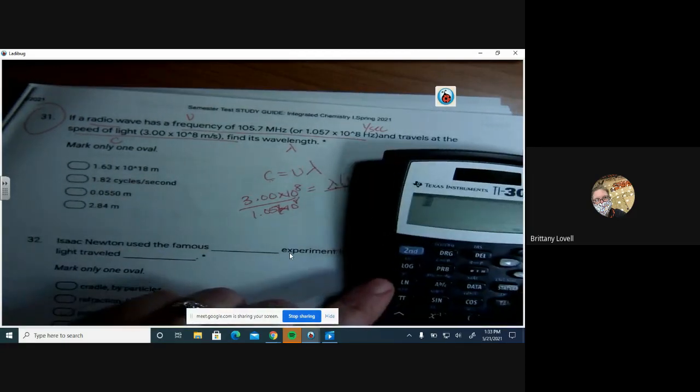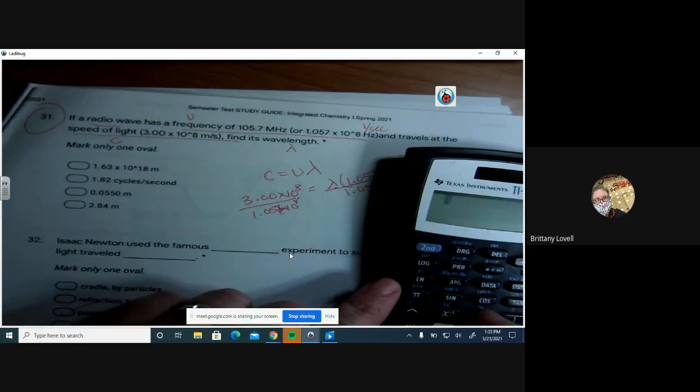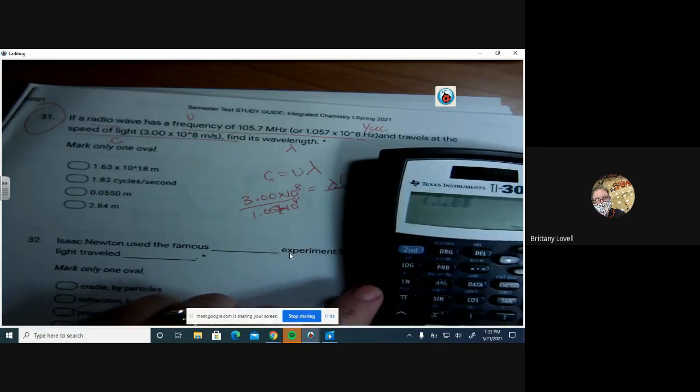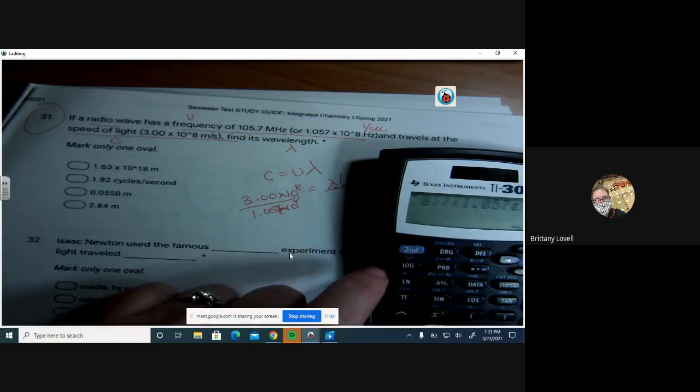All right. So in my calculator, I'm going to type in, and I'm going to use parentheses, 3.00 times 10 to the 8th divided by parentheses 1.057 times 10 to the 8th. And I end up with 2.83822.